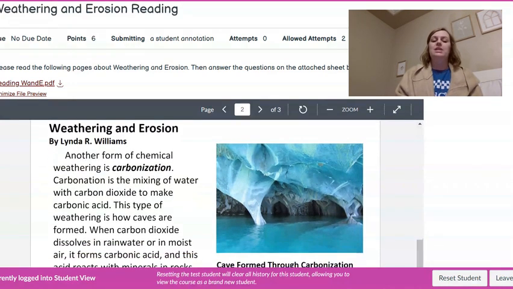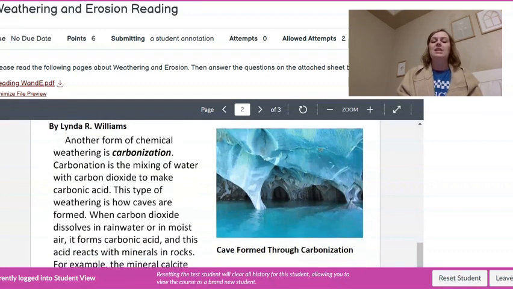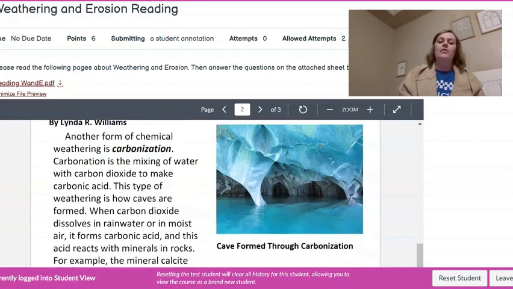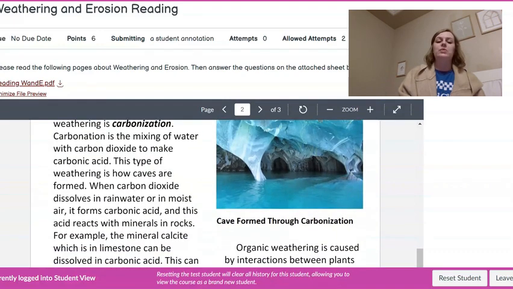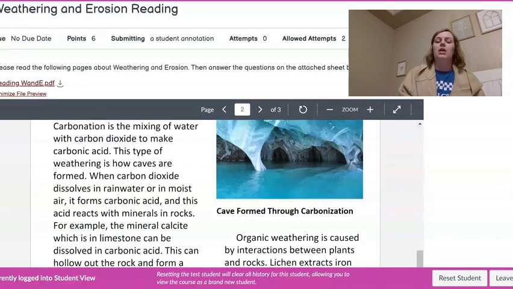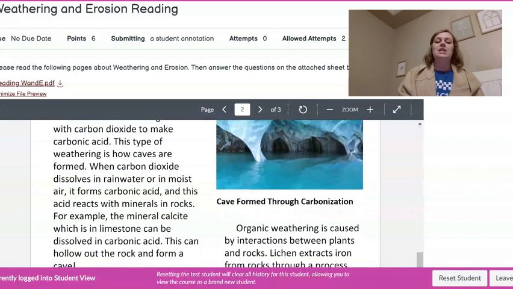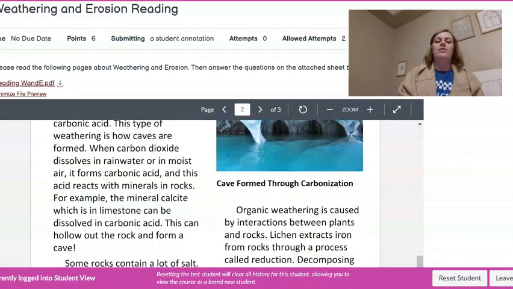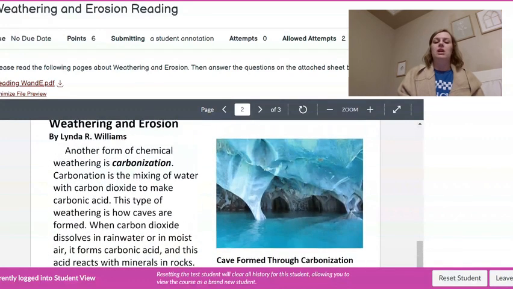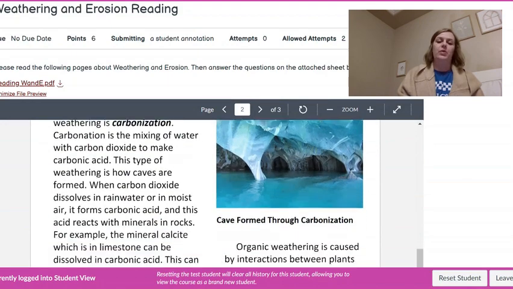When carbon dioxide dissolves in rainwater or in moist air, it forms carbonic acid, and this acid reacts with minerals that are in the rocks. For example, the mineral calcite, which is in limestone, can be dissolved in carbonic acid. This can hollow out the rock and form a cave. So here we've got a picture of a cave that's been formed through the process of carbonization. Really cool.